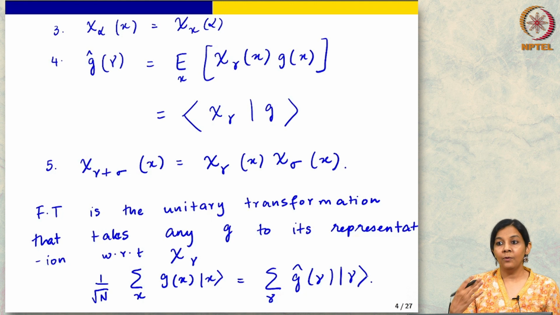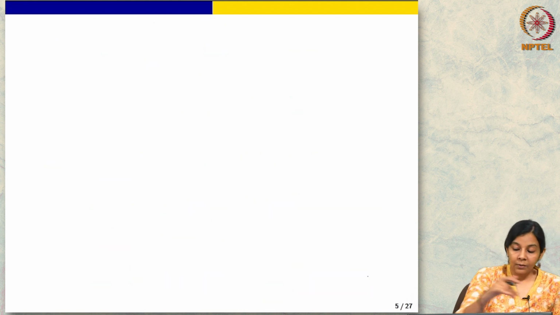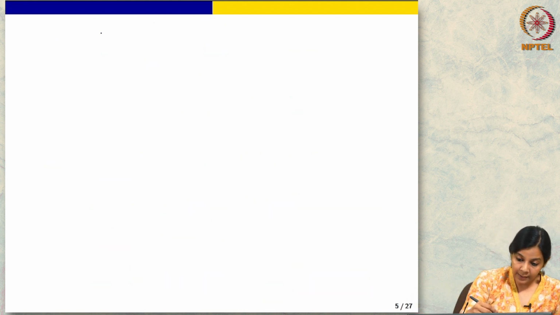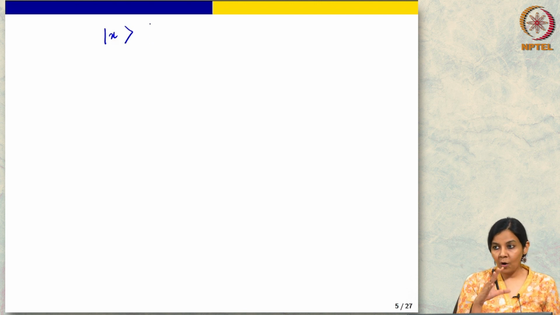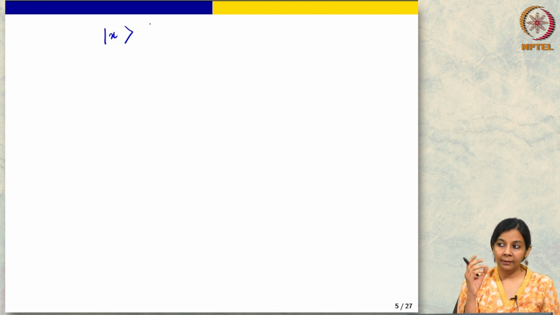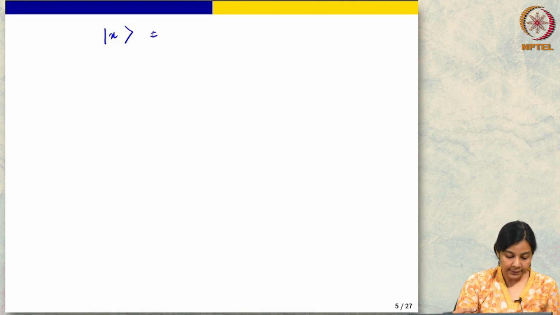Now what we will do is start generalizing this. Another quick reminder: so far we have talked of these functions, but if I think of any set of qubits, then when I compute the Fourier transform, what do I get?